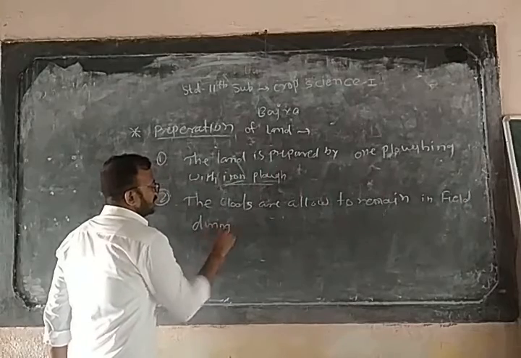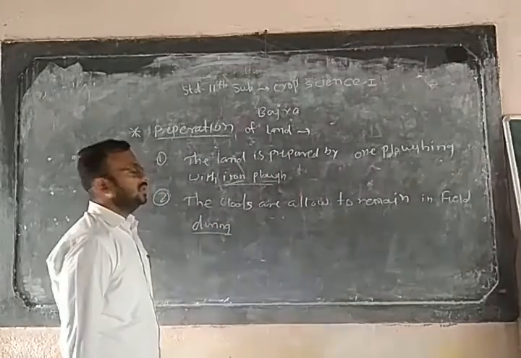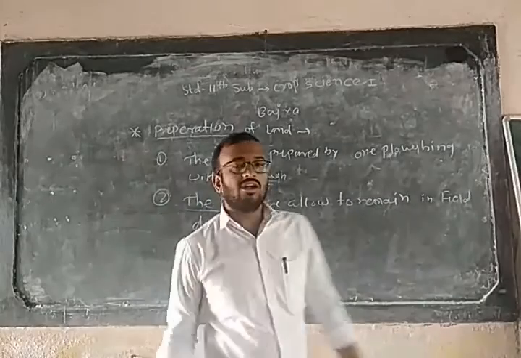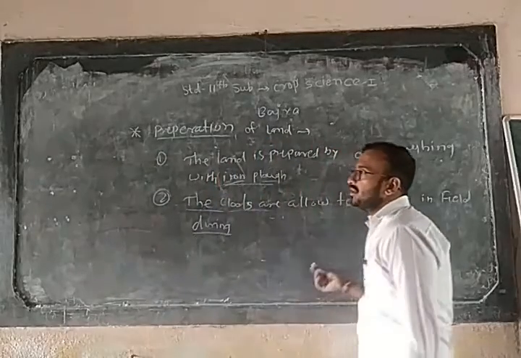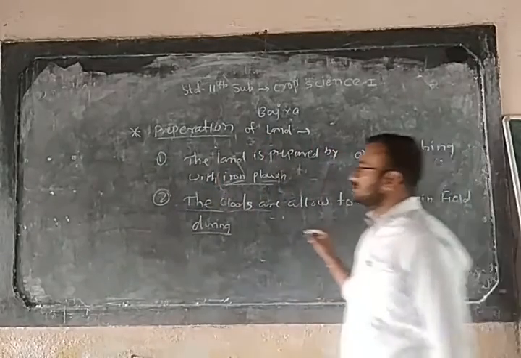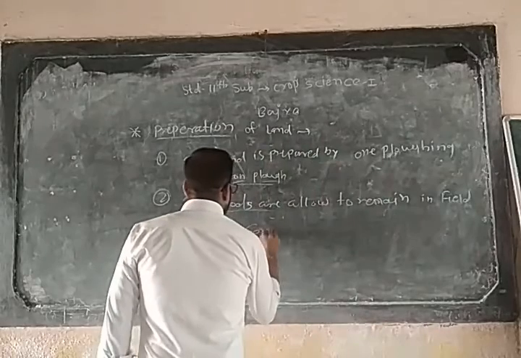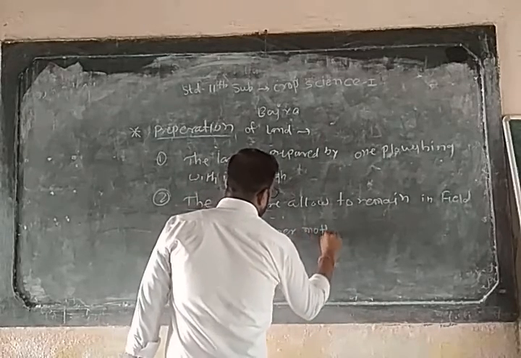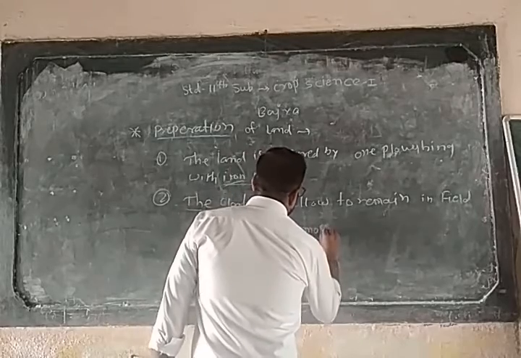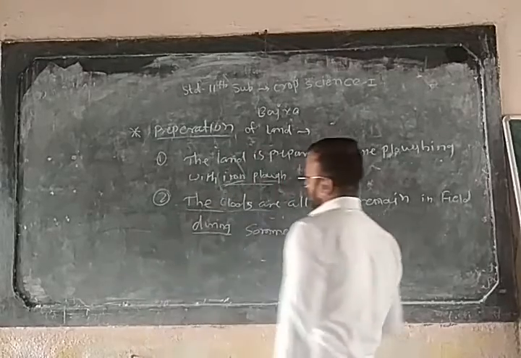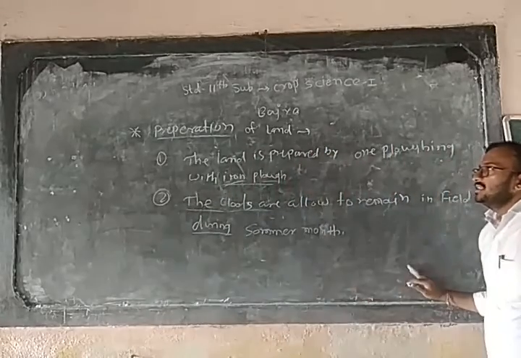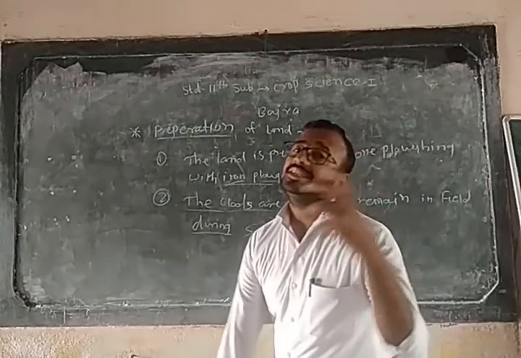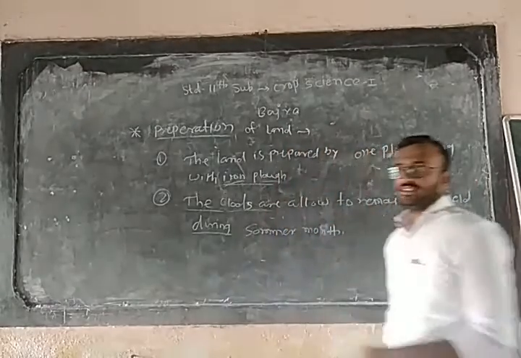After the plowing of the field, you see that the clods are formed. In which days? During the summer months. What is the reason behind it? Its reason is very simple. The clods are formed due to the less moisture in the soil space.